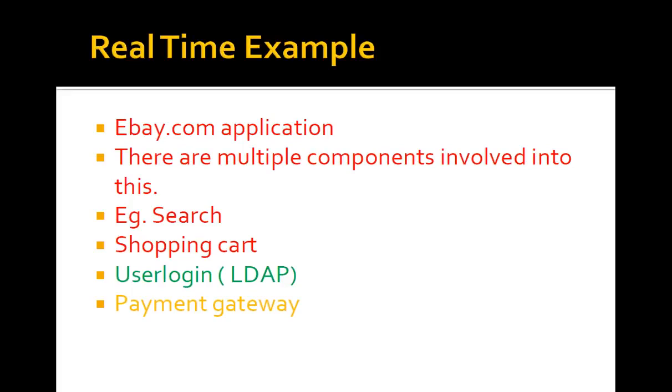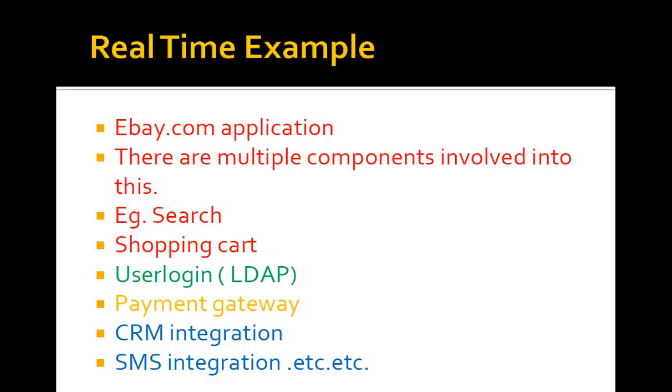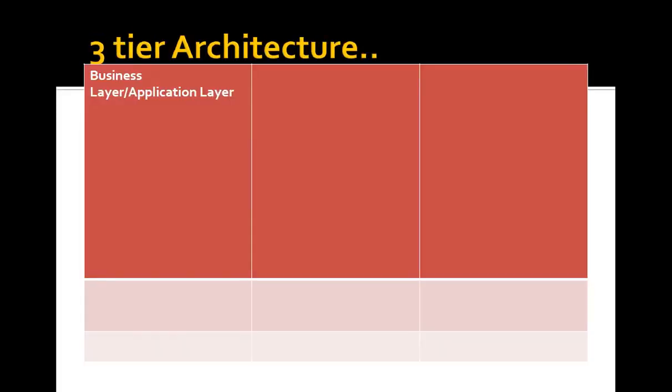Basically, you can pay using a lot of methods. Then there is a CRM, customer relationship management, which takes care of taking your feedback, tracking your order and everything. Then there is an SMS component that will keep you updated about what is happening with your order, whether the seller has shipped your order or whether you received it or not, all those things.